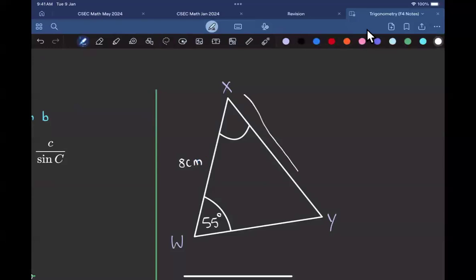Rihanna, give me a length for this side. Ten, something like that. And Amy, give me a length for this side. 16.